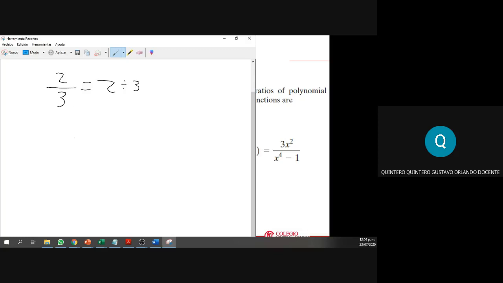Hopefully you know that every fraction, no matter the number on top and no matter the number on the bottom, is a division. We call these ratios. The easiest way to identify a ratio is by looking for a fraction.